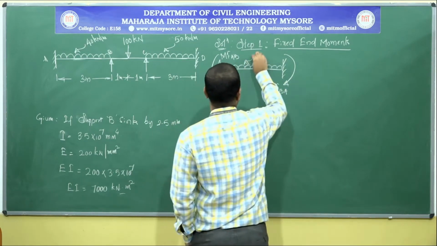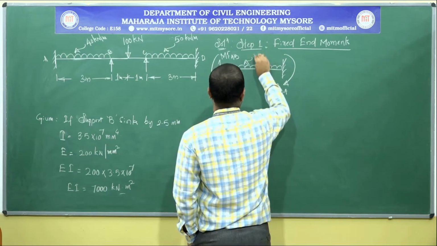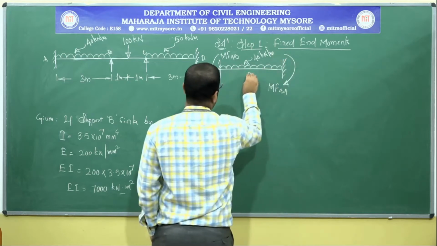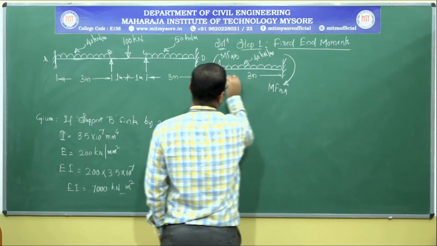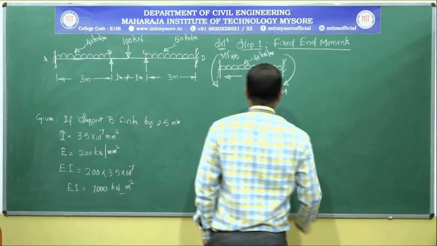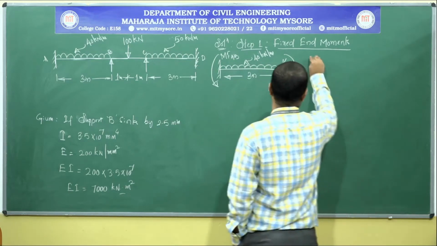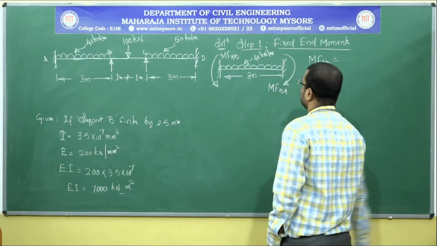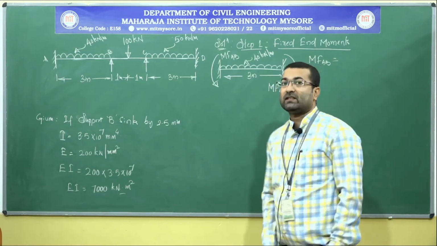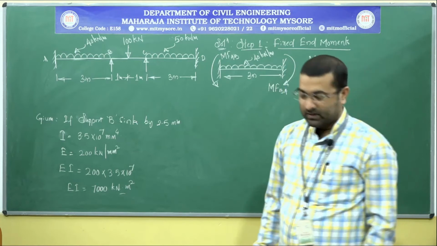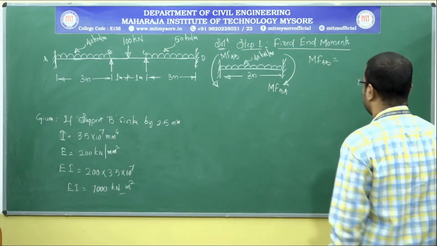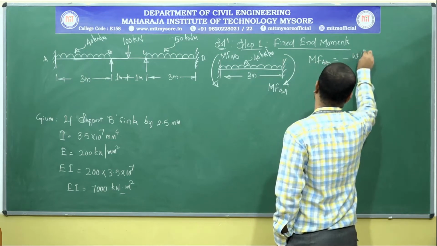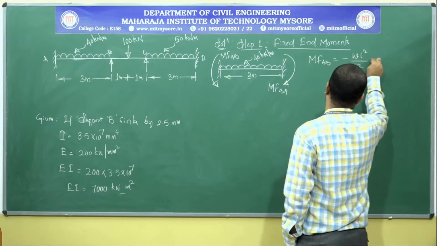So this load is 40 kilonewton per meter, and this span is 3 meter. So for this we have to work out the fixed end moments. So let us say MF AB. As the span AB carries a UDL, we know that the formula to calculate MF AB is minus WL square by 12.